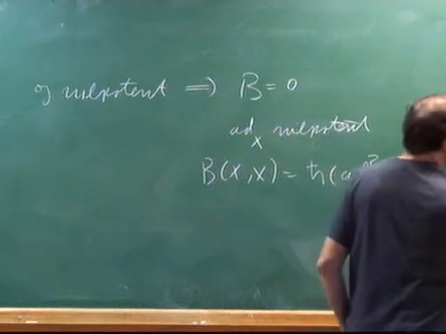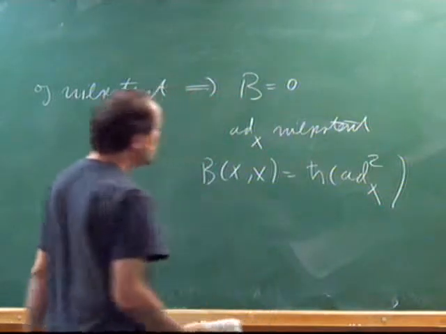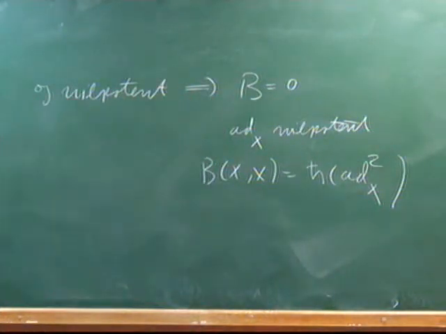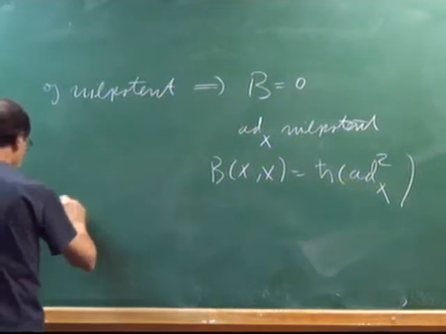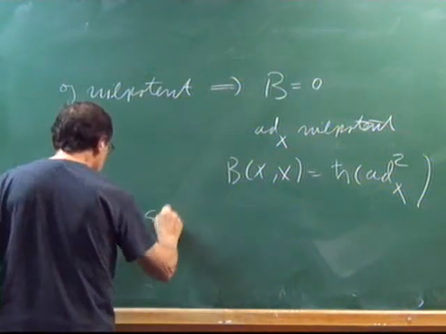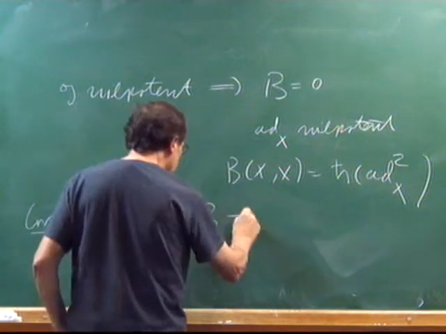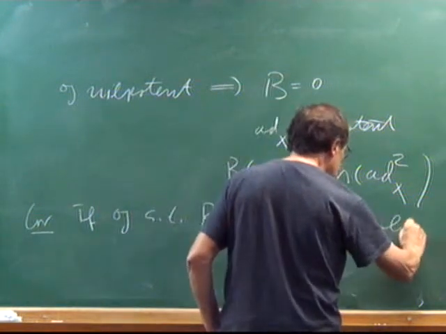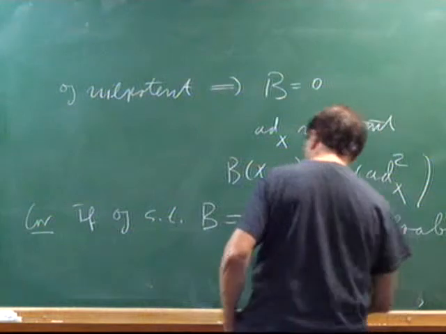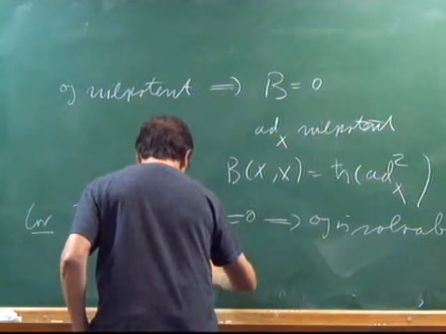I proved this one in the notes, but not this one. So a corollary, for example: if G is a Lie algebra such that the Killing form is 0, this implies G is solvable, but not necessarily nilpotent.